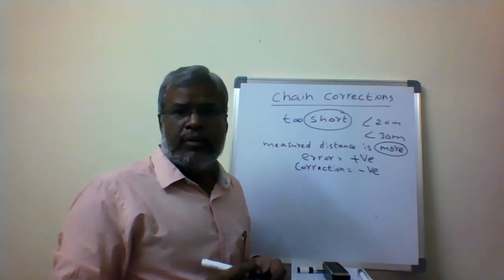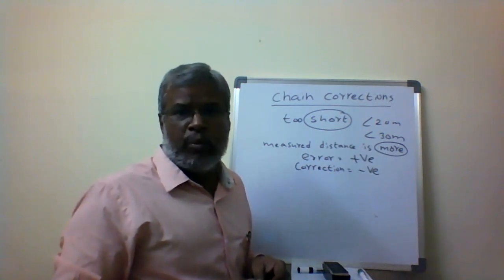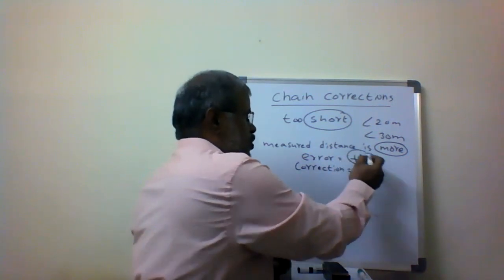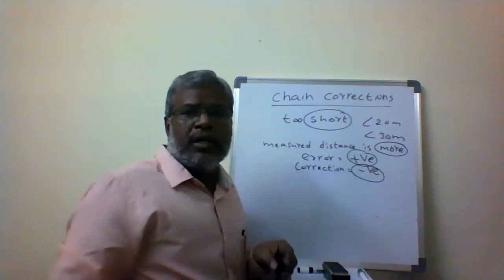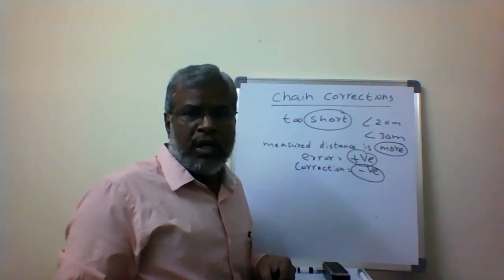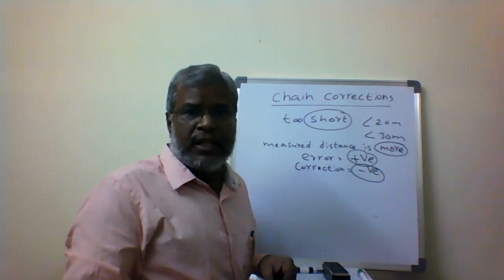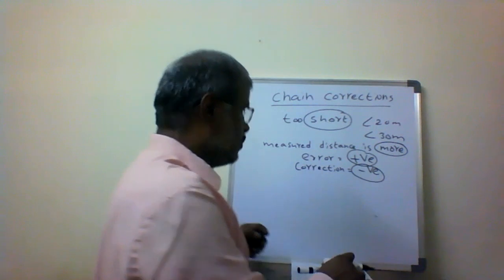The distance measured is more than the required distance. So if the chain is too short, the correction is negative. If it is too long, the correction is positive. This is with respect to the standard length of the 20-meter and 30-meter chain.